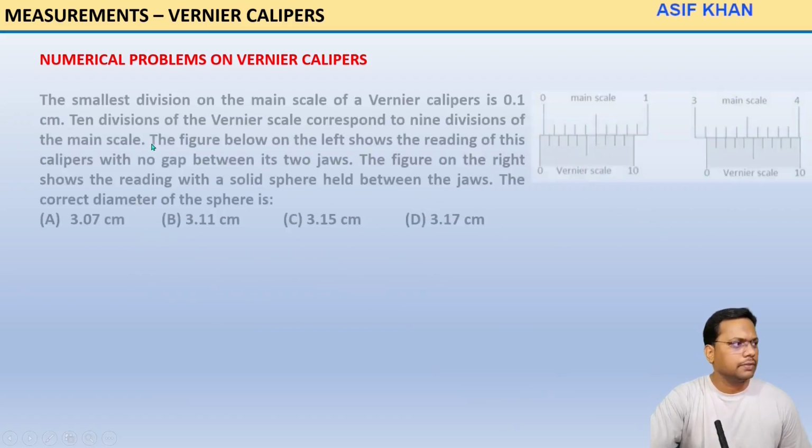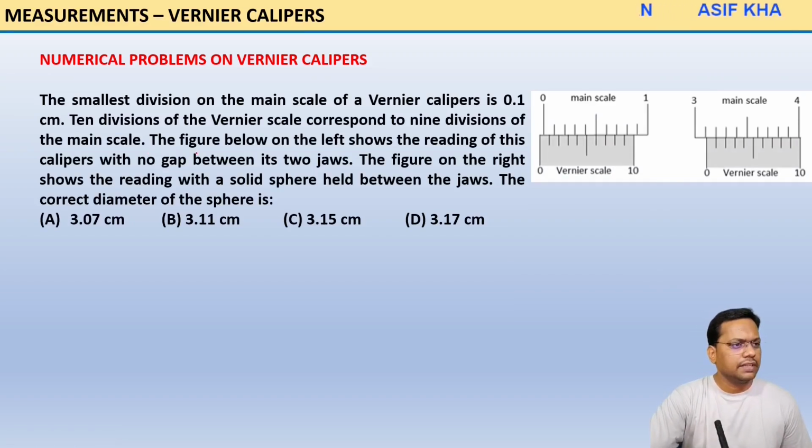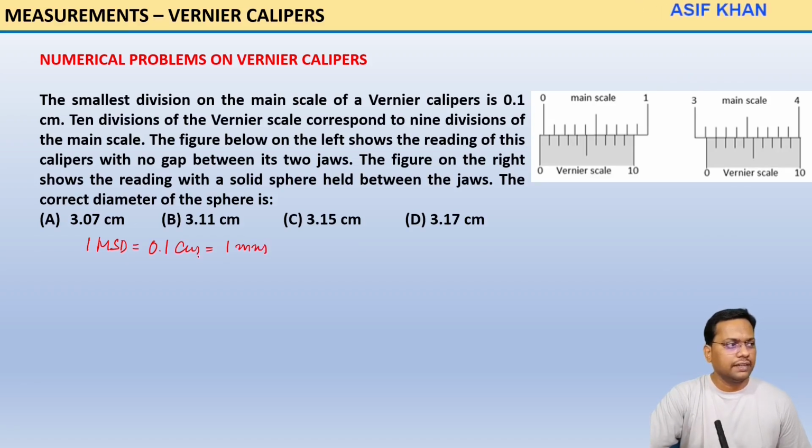The next problem: the smallest division on the main scale of a Vernier calipers is 0.1 centimeter. That is, 1 MSD is 0.1 centimeter or 1 millimeter. 10 divisions of the Vernier scale correspond to 9 divisions of the main scale, that is 10 VSD is equal to 9 MSD.